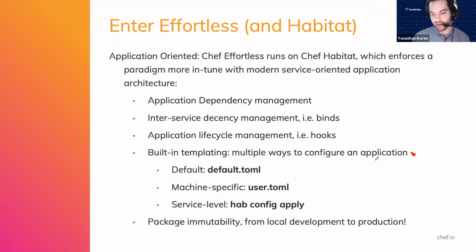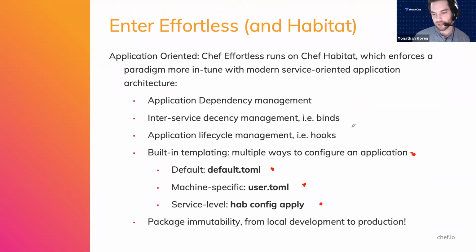So you have different types of values, default values, and you can override them at the machine level or at the service level. And whenever you reapply the configuration, it'll restart the application with the new configuration rendered into a file. So you have a unified way of doing that, which is the same in your local dev, it's the same in QA, and it's the same in prod.